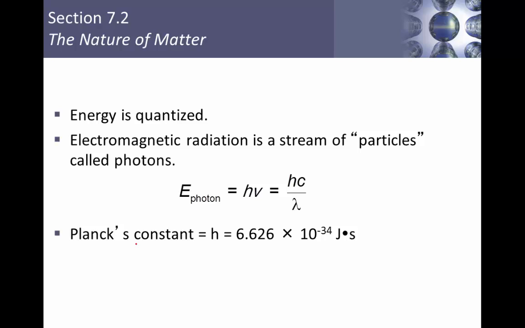This is basically what I was talking about here, the whole idea that energy is quantized. It comes out in chunks, and we call them photons. And here's Planck's constant that he determined through experimentation, measuring energy and frequency. He was getting this same value, and so here's his constant. This is also on the green sheet in the AP exam, so it's not a number you have to memorize.